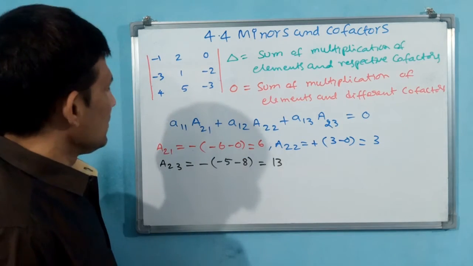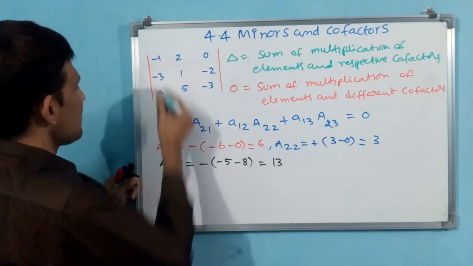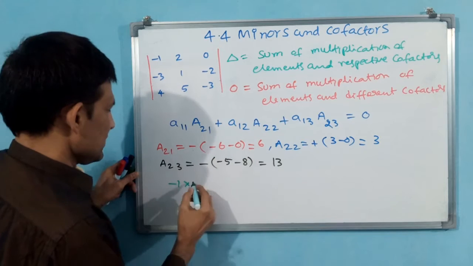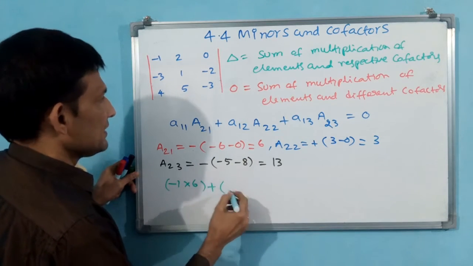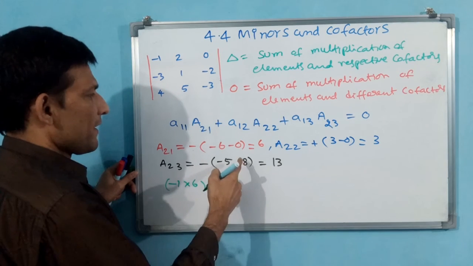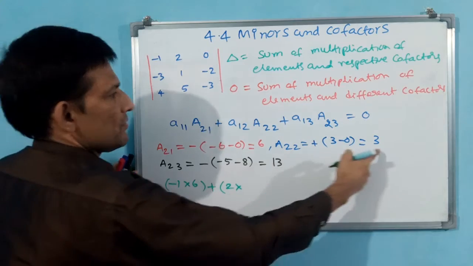Now we know all. Let us find now this addition answer. See, 0 we have to get. You see A11 is what? Minus 1. Minus 1 into A21, how much? 6. 6, plus A12. A12 is 2, into capital A22, 3.